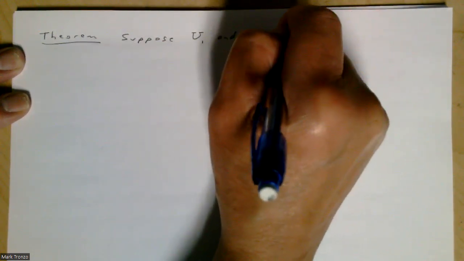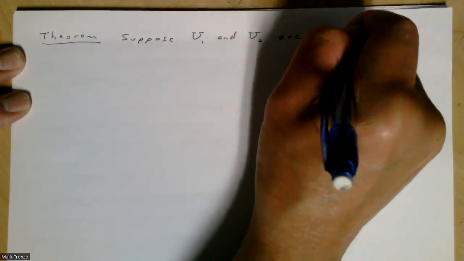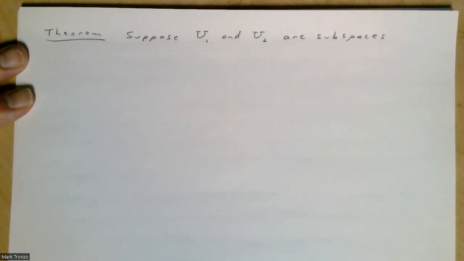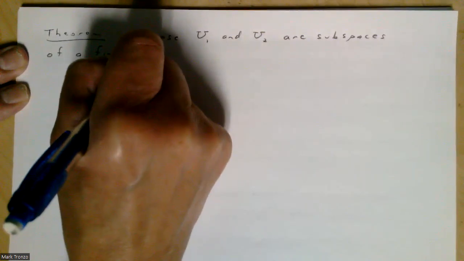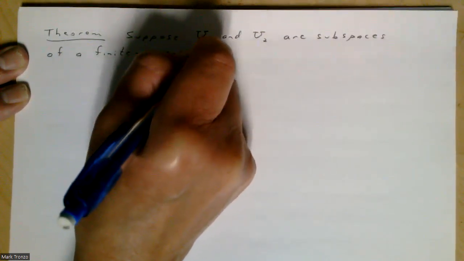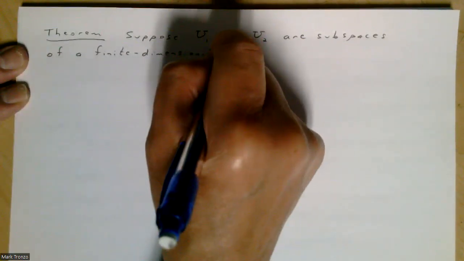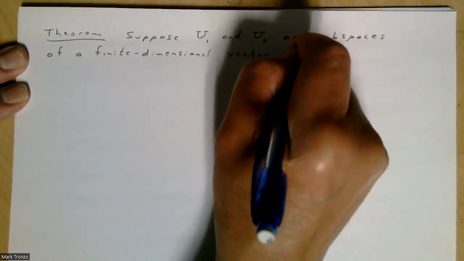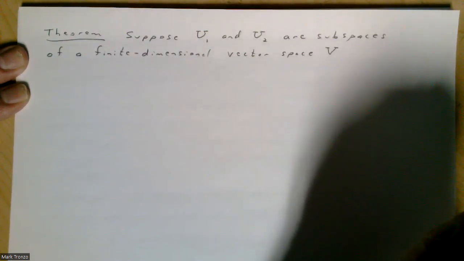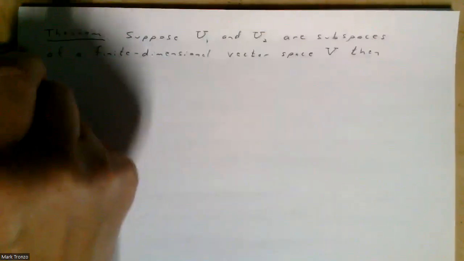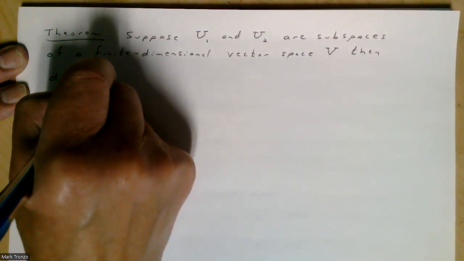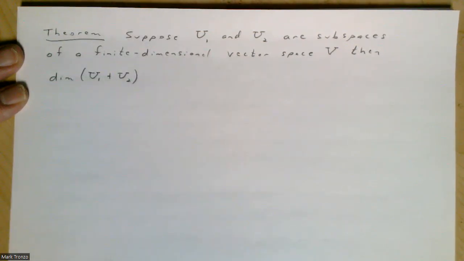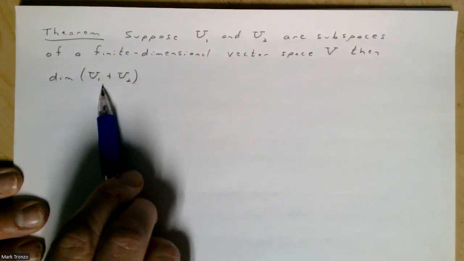Suppose U1 and U2 are subspaces of a finite dimensional vector space V, then the dimension of U1 plus U2, remember from previous lectures, this means we're adding the vectors.